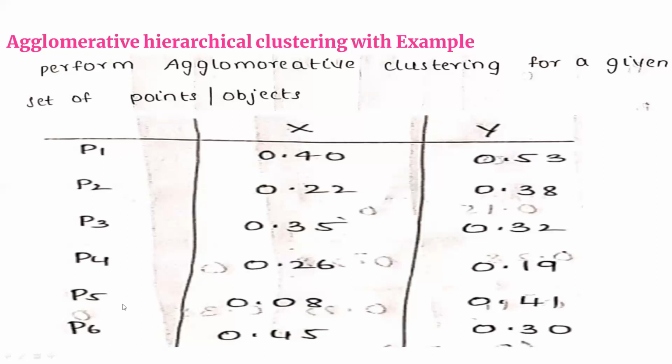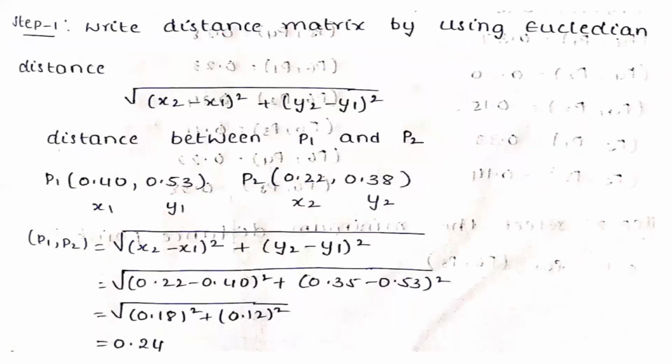So initially we need to calculate the distance between the two points. That will be calculated using the Euclidean distance strategy, which is square root of (x2 minus x1) whole square plus (y2 minus y1) whole square. This is the well-known formula to calculate distance using the Euclidean distance method.